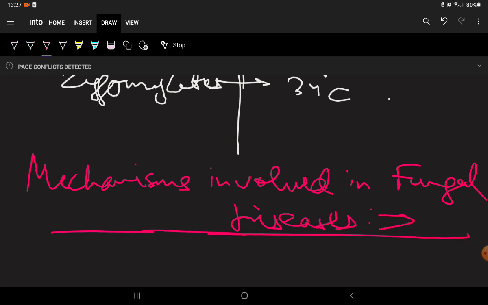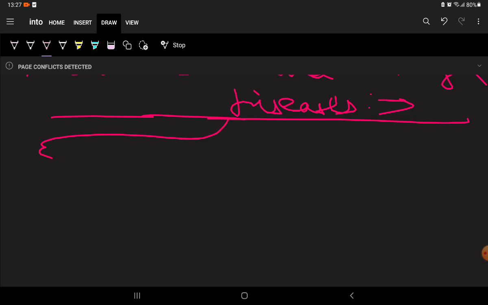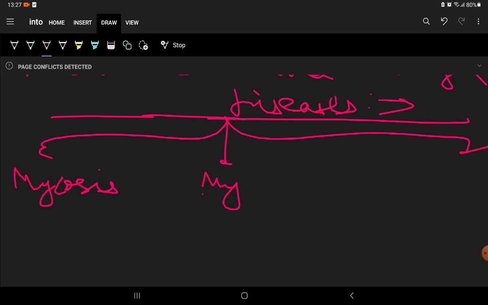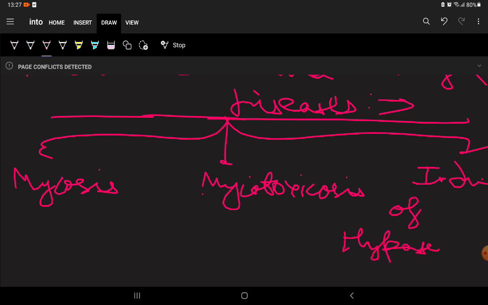There are three mechanisms involved in fungal diseases: mycosis, mycotoxicosis, and induction of hypersensitivity.